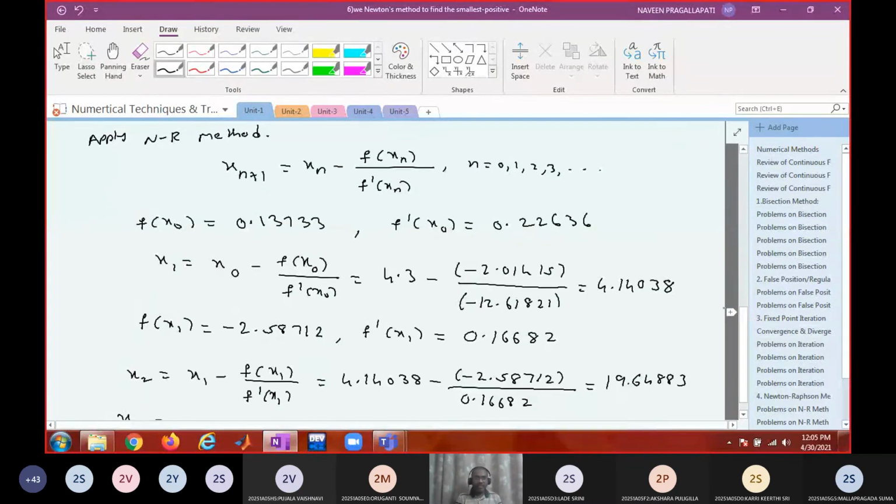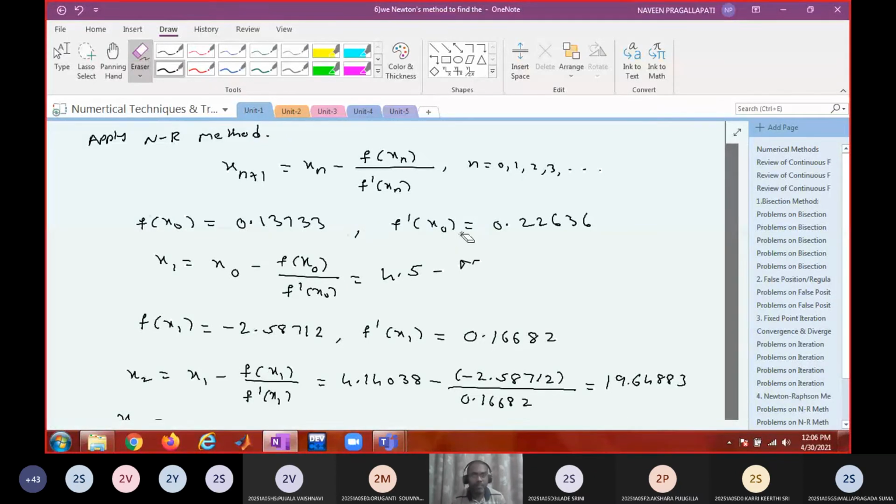Then compute x1. Sir, the value for f dash x naught is 0.0226.